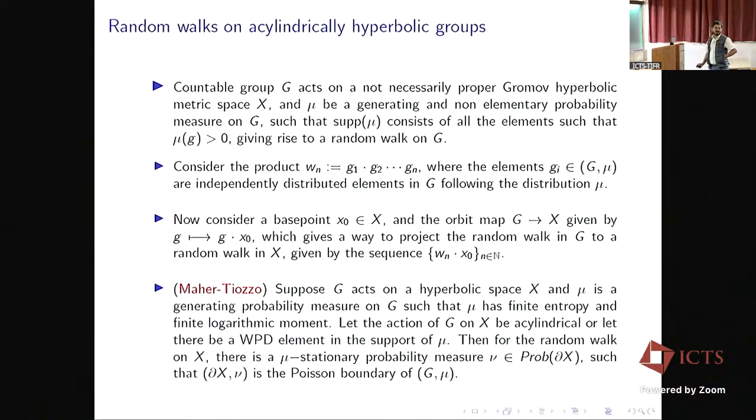So this is a hitting measure of the random walk on the hyperbolic space X. So what you can say is that this geometric boundary with this measure is the Poisson boundary of this group. This is a result by Maher and Tiozzo.